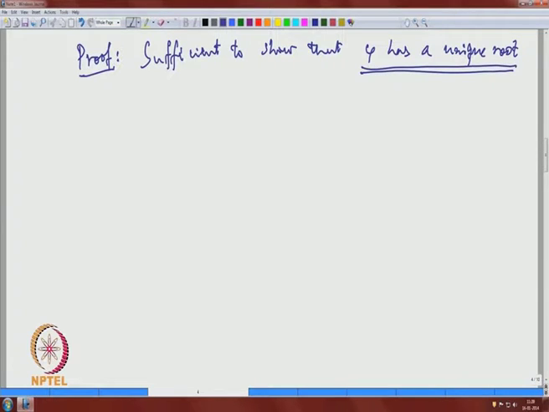So, again let me recall. Recall this phi of s is B0 u(b, s) plus B1 u dot(b, s), and u is the solution of the initial value problem. Okay. And since phi is a real valued function defined on the real line, so this is accomplished.